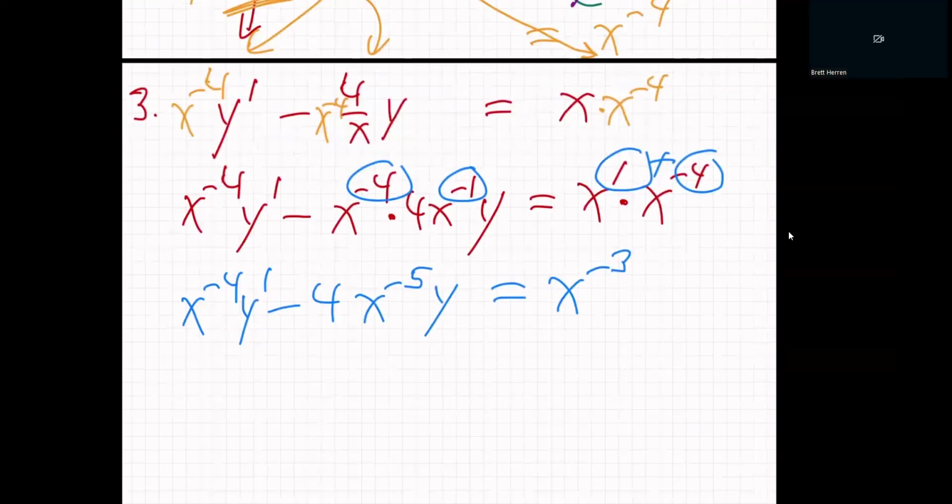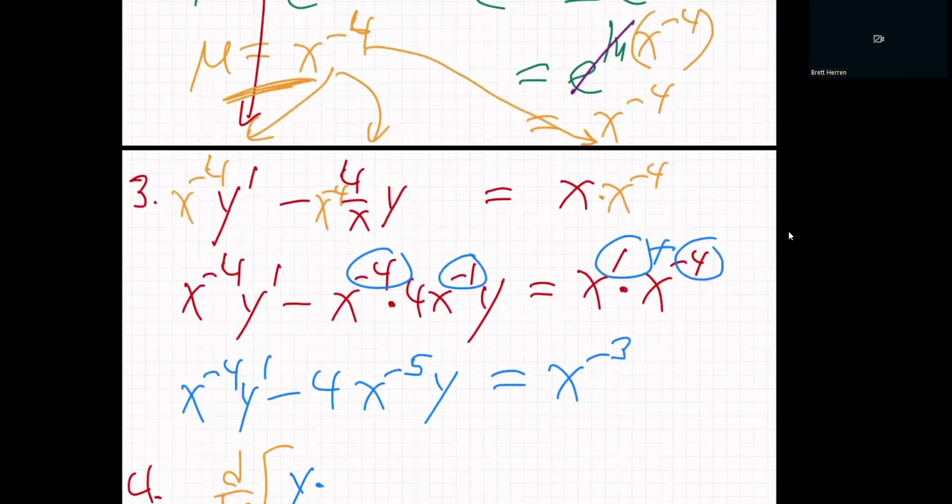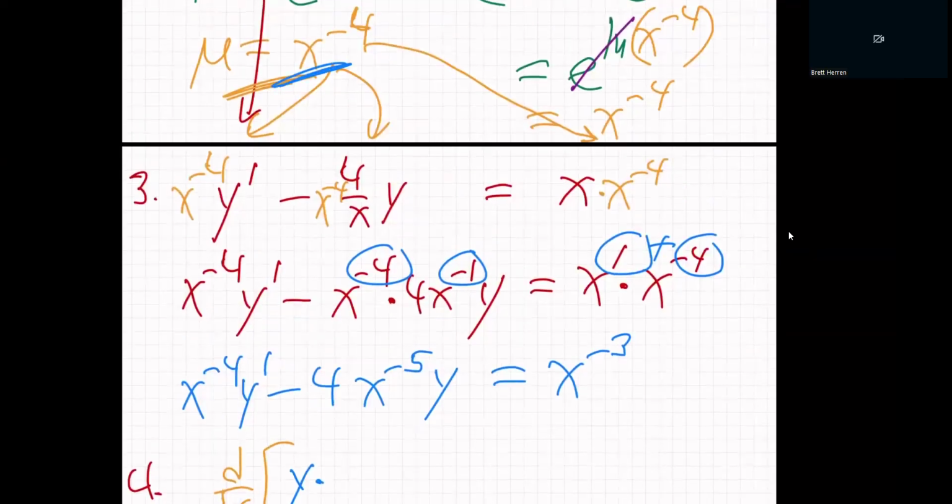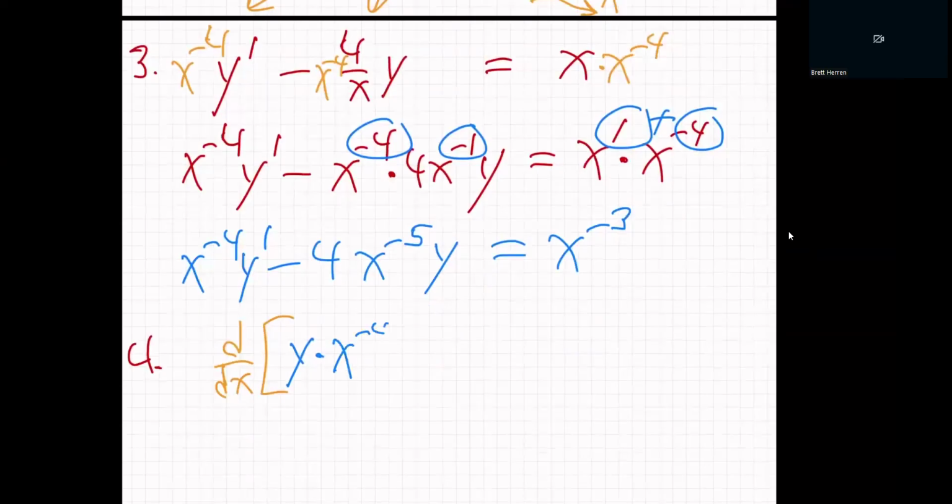The left side is really now d/dx of those two things multiplied, meaning y and our integrating factor mu, x to the minus 4, and that's equal to the other side. Is that true? You don't have to verify it, but it's nice to see it. Does the derivative of this really go back to that stuff? It does, because these are two things multiplied.